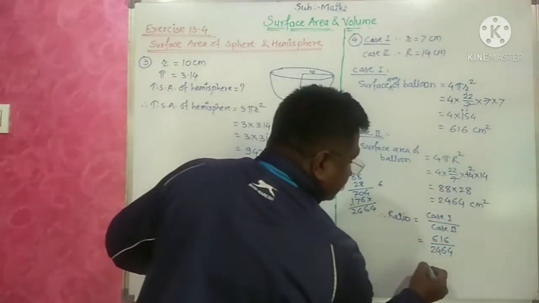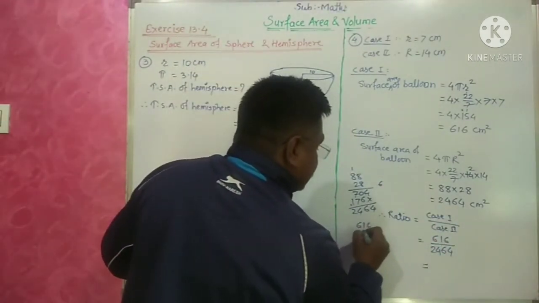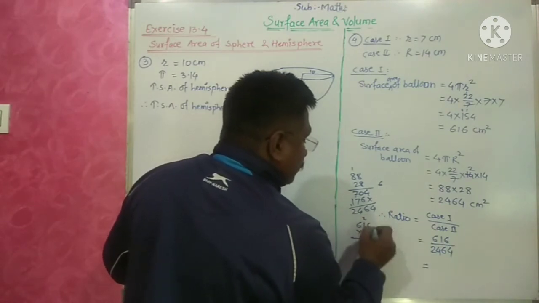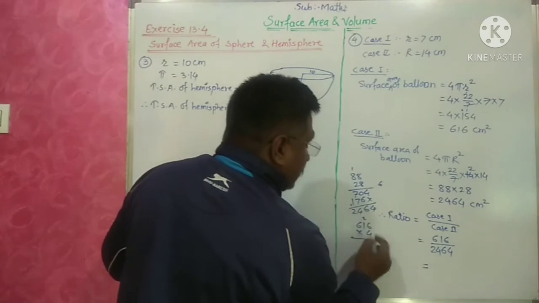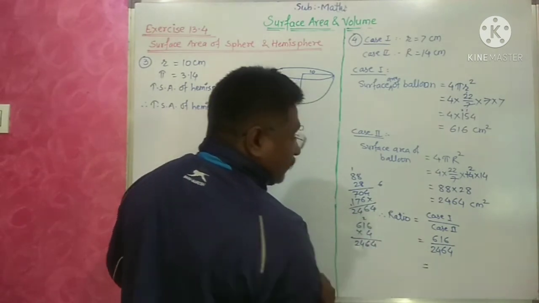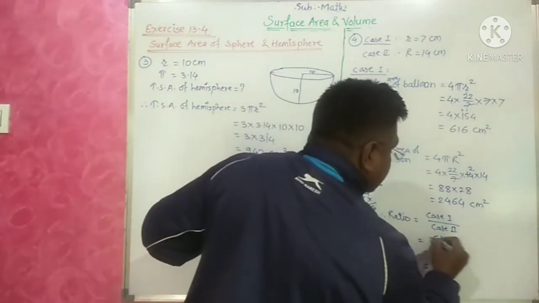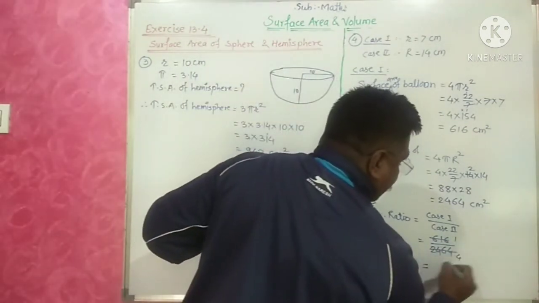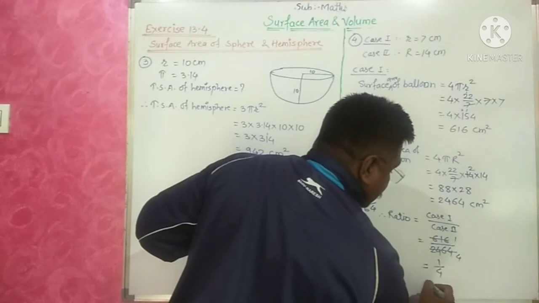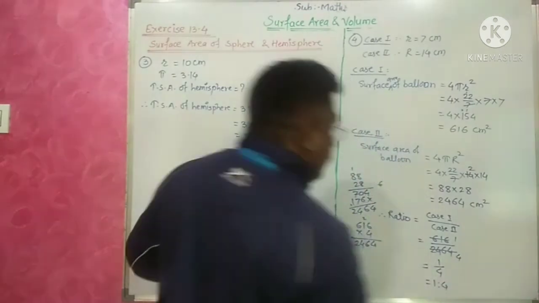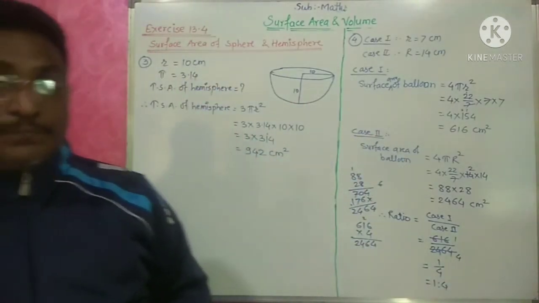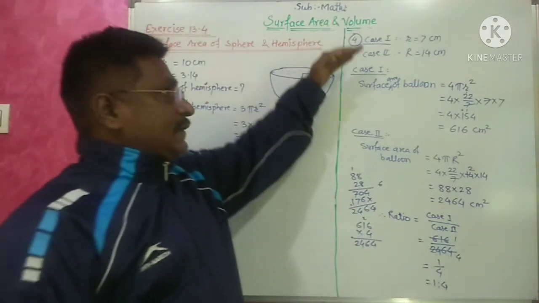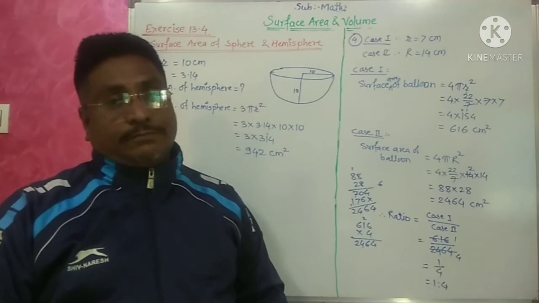So see here, 616 into 4, 4 6s are 24. 4 1s are 4 plus 2, 6, 24. So 616 ones are 6 and here 4s are. So 1 by 4. So what is the ratio? 1 is to 4. In this way we have to solve.